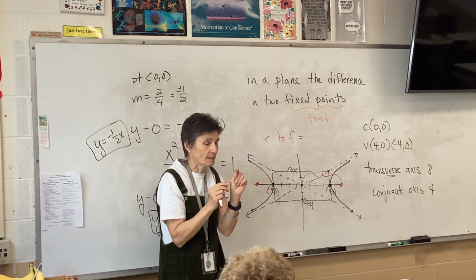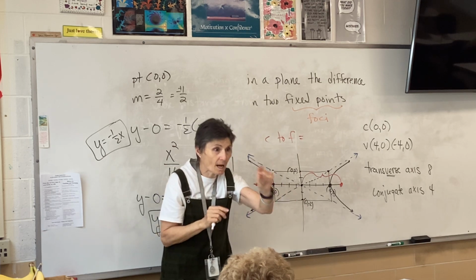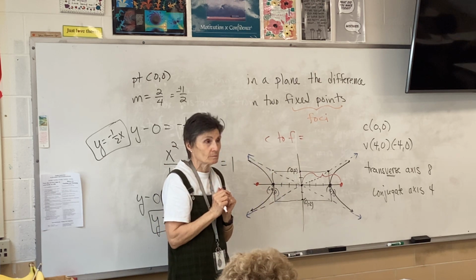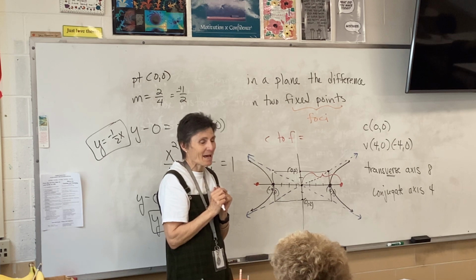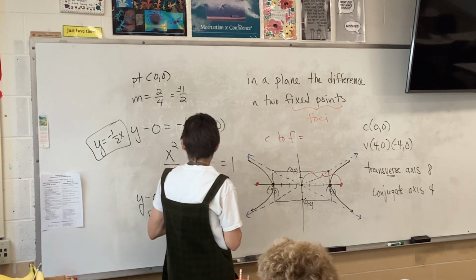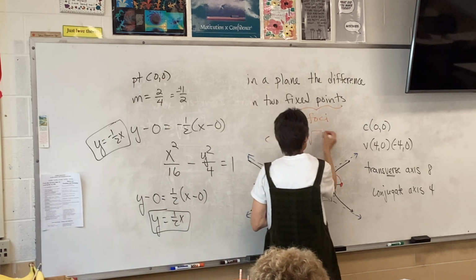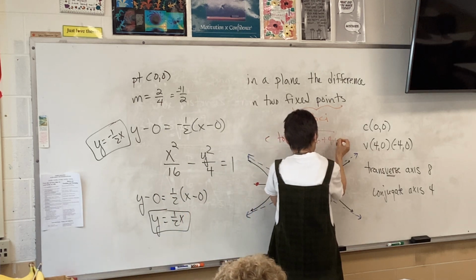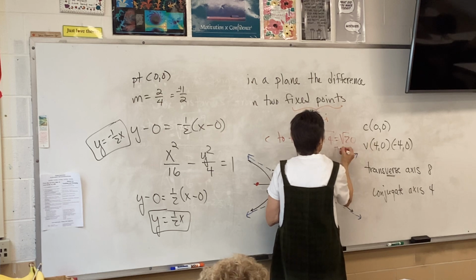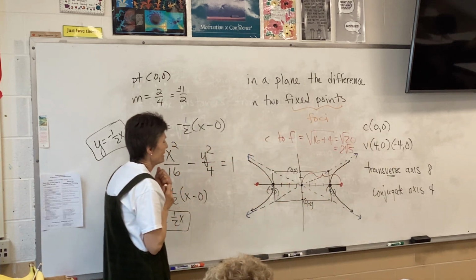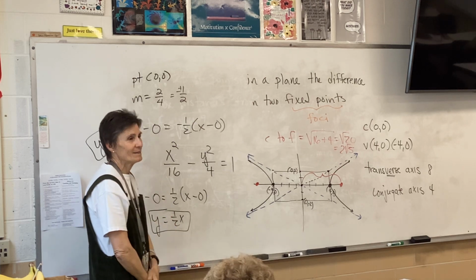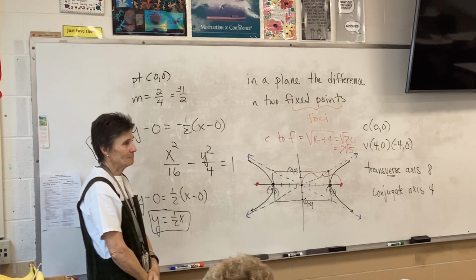Subtract the denominators and take the square root. Guess what we do with a hyperbola? We add them. So it's 16 plus 4, which is 20. And the square root of 20 is 2 root 5.